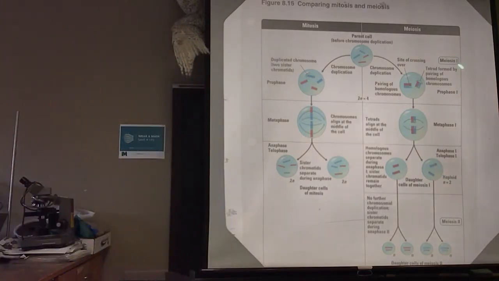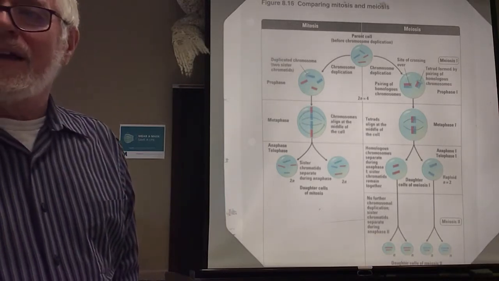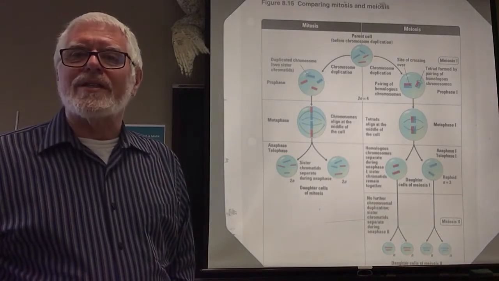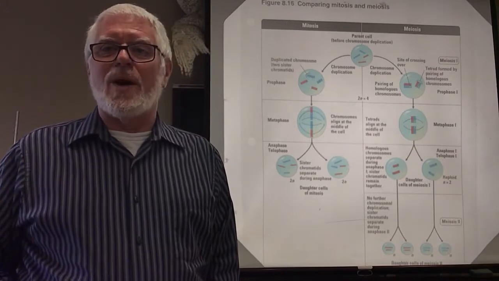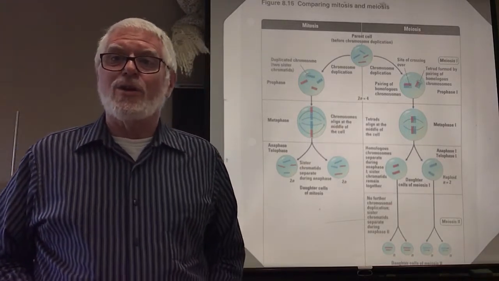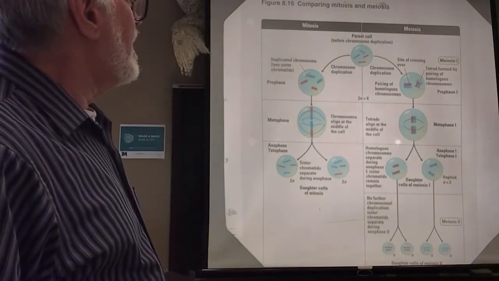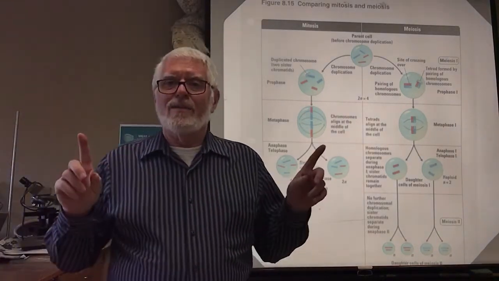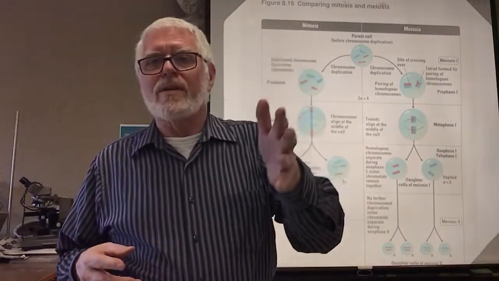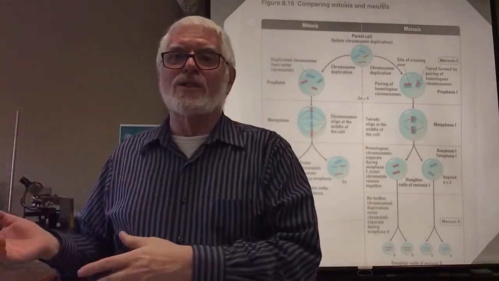So here's where the big difference is. During metaphase of mitosis, you just get your chromosomes lined up kind of haphazardly, because you're going to pull the copies away from the copies. The first division in meiosis is to get the sets away from the sets. Now, how do you do that? Well, you take the matched pairs of each set, like in humans, we have 1 through 22 and sex chromosomes.